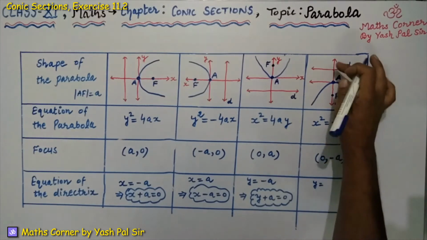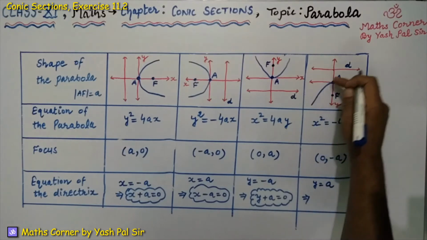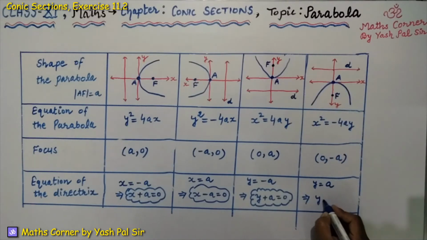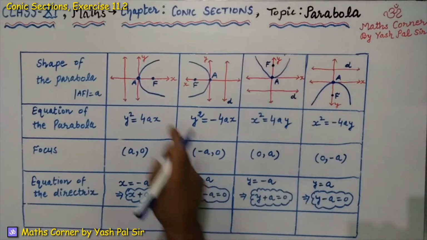And lastly we have y is equal to plus a. So in case of downward parabola, y minus a equal to 0 is the equation of the directrix.